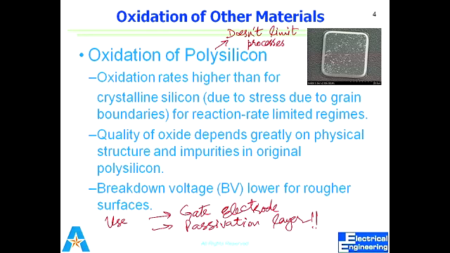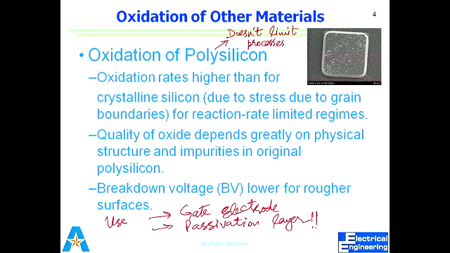Okay, so oxidation of other materials. Up till now we have discussed the oxidation of silicon. As I told you yesterday, when we say oxidation we mean thermally grown oxidation. We are still talking about thermally grown, not deposition.